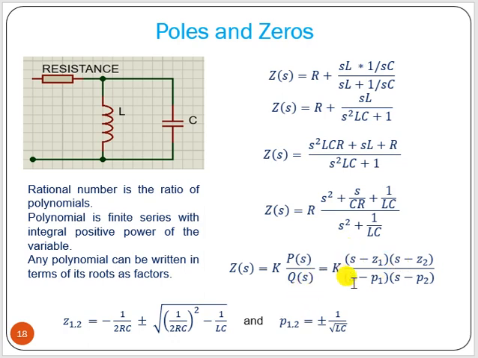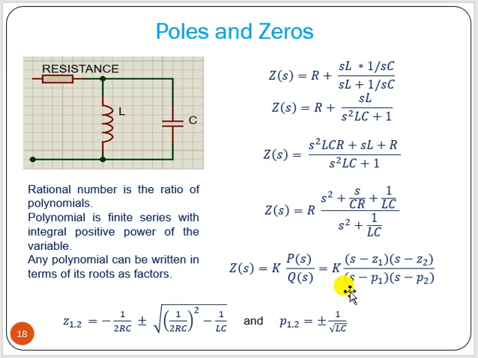Now after factorizing, suppose we put one of the root values z1 in this equation, then what happens? The numerator term becomes 0, z1 minus z1 becomes 0, or if it is z2, z2 minus z2 is 0, that means the Z(s) function becomes 0. That means the roots of the numerator polynomial make this function equal to 0. That's why the roots of the numerator are called zeros.